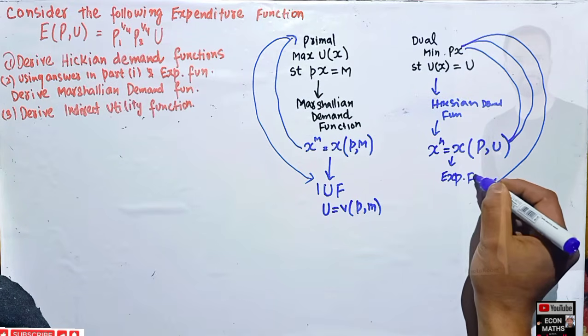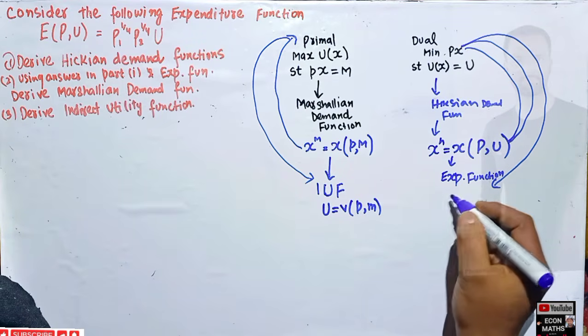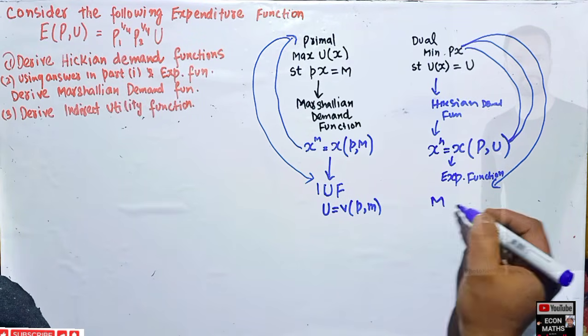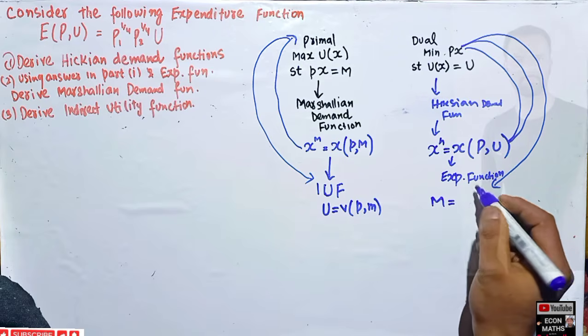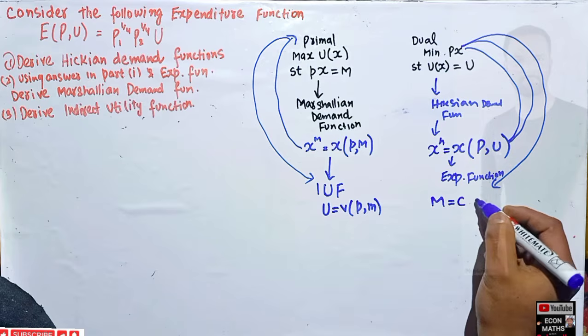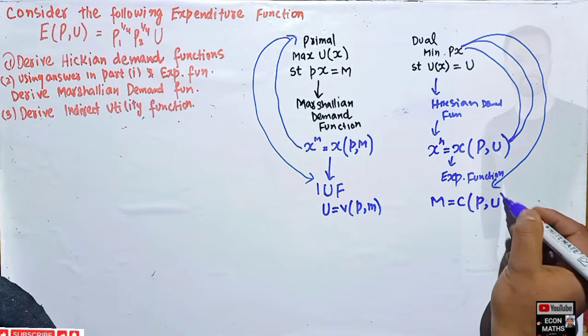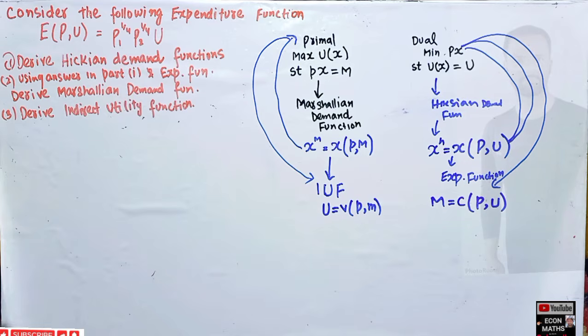This expenditure function, let me write it like this: m is equal to c, the expenditure function or cost function, which is a function of price and utility. I hope I am making myself clear.